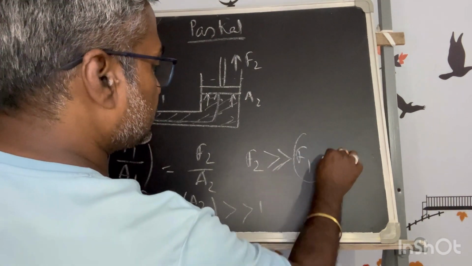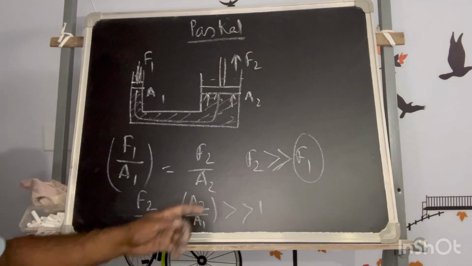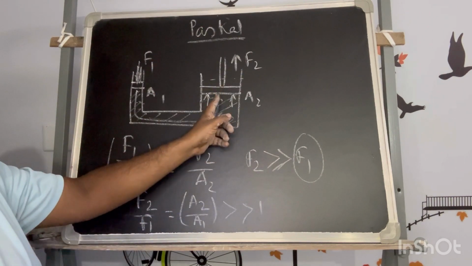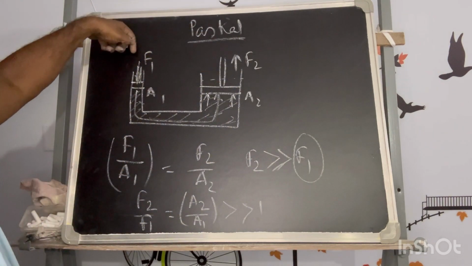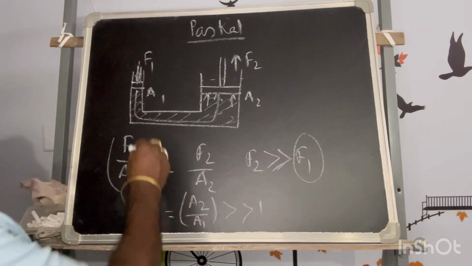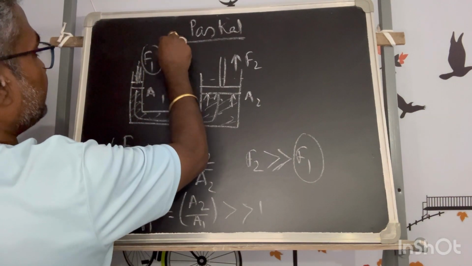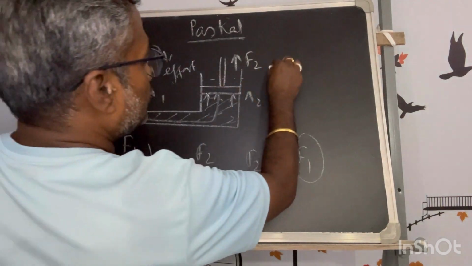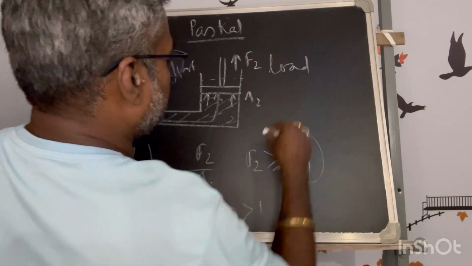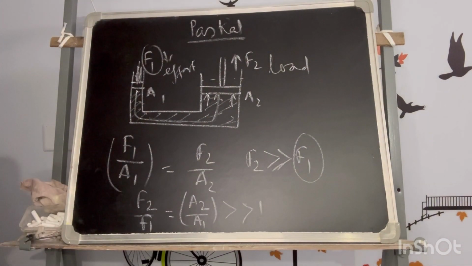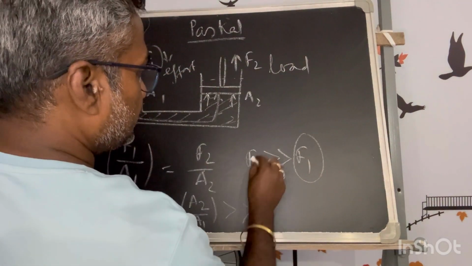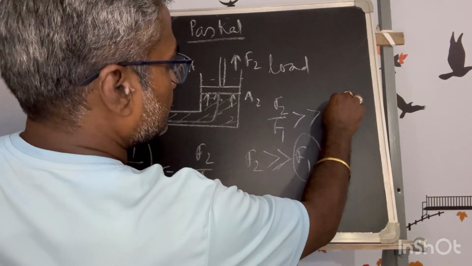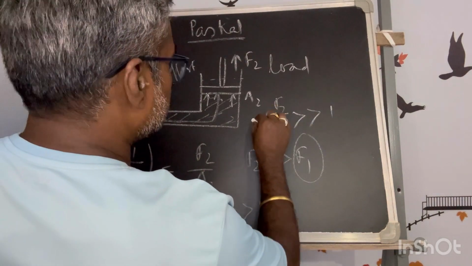F1 is the force we have given, and F2 is the force that is created. What is the direction of F2? Upwards. What is the direction of F1? Downwards. So this is the effort I am giving, and this is the load I am lifting. Definitely F2 is much more than F1, so what is this?